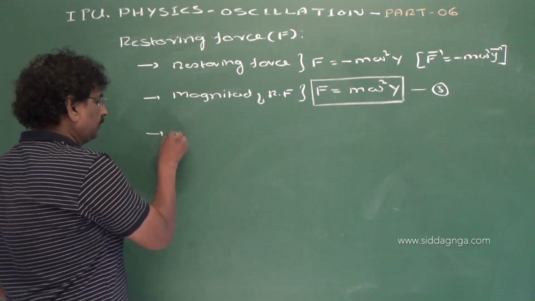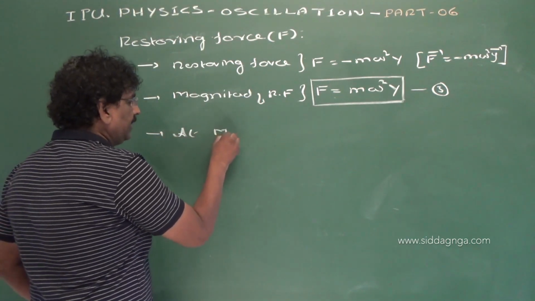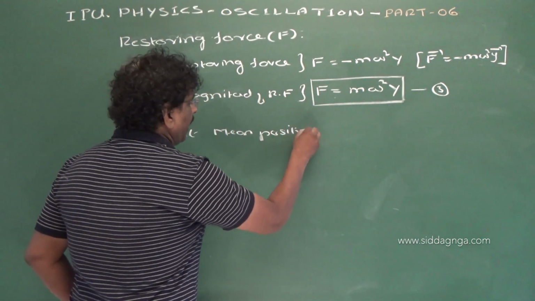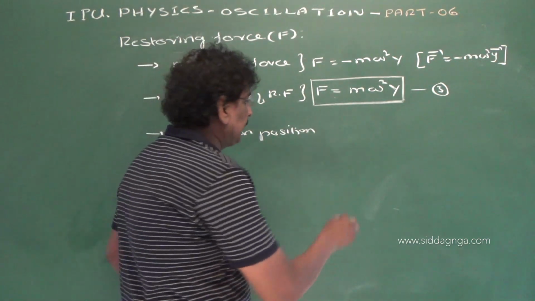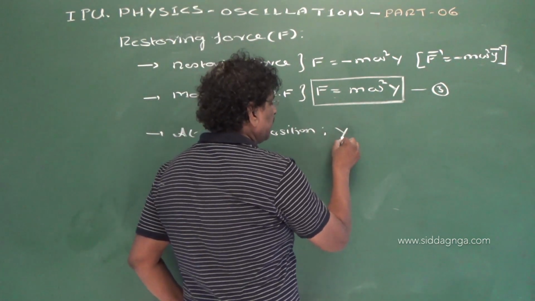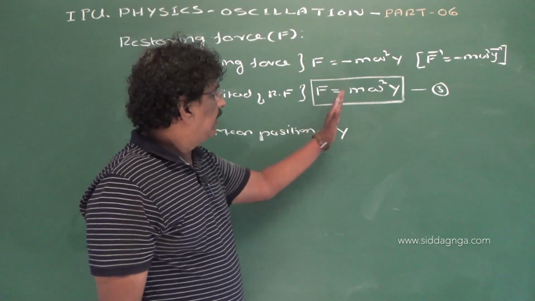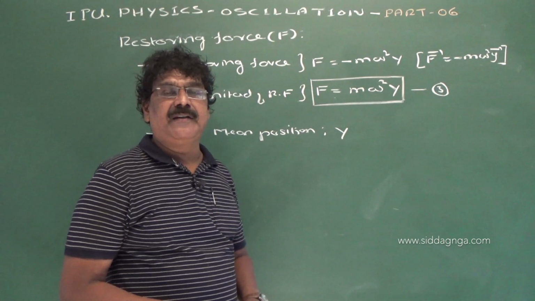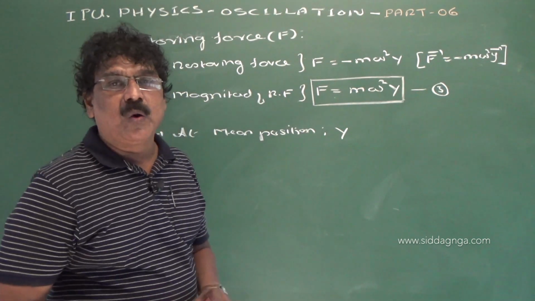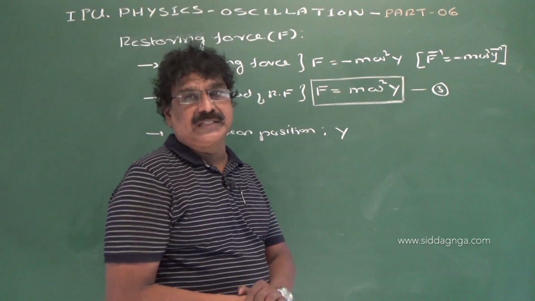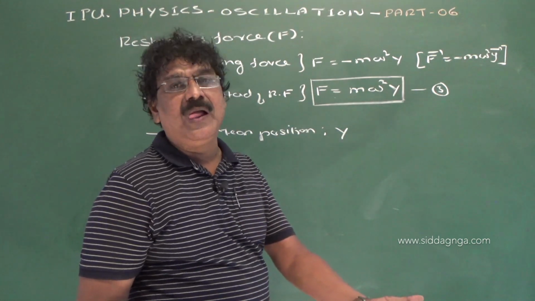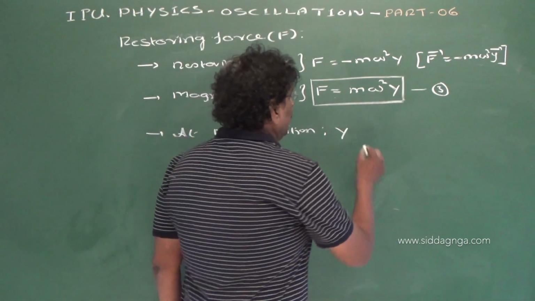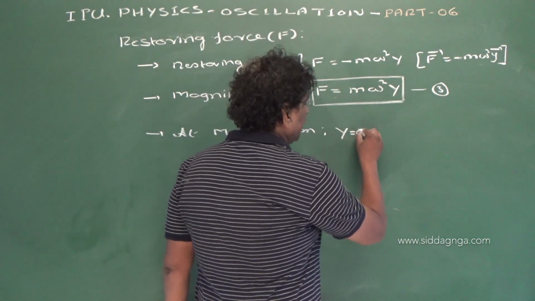Now at the mean position, what is the value of y? On the right hand side of the equation, m is constant, omega is constant, and the only variable is displacement. It changes with respect to time, at different positions of the particle. So y is equal to 0.